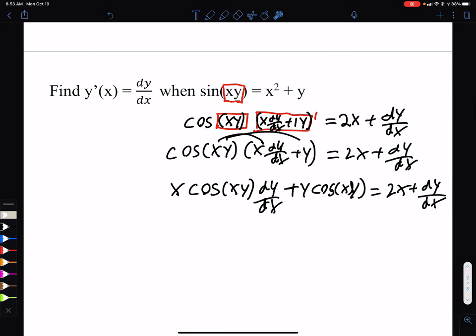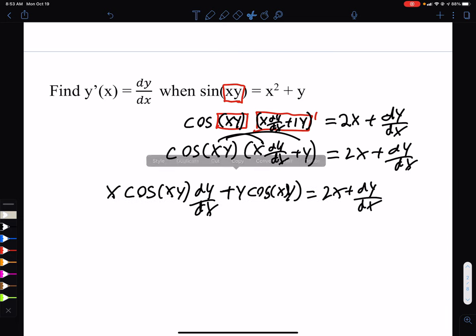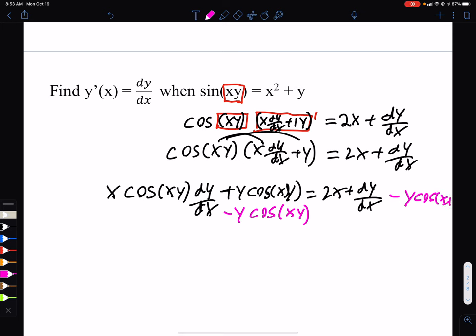You know what? I need some room. I'm going to slide this over to the left so I have some room. So what I'm going to do, I don't want this, so I'm going to subtract it from both sides. Whoa. And then I want to get all the dy dx's to the left, so I want to get rid of this dy dx.